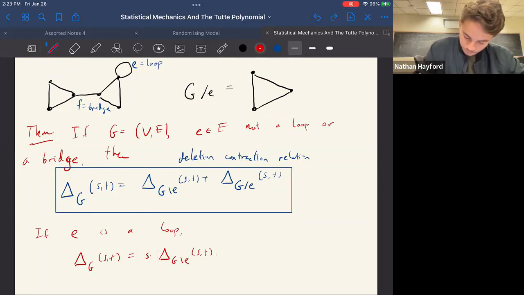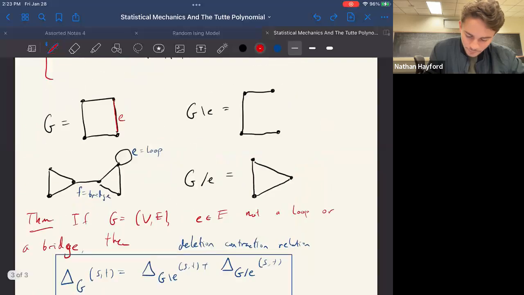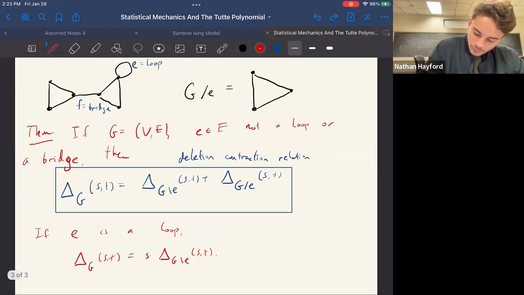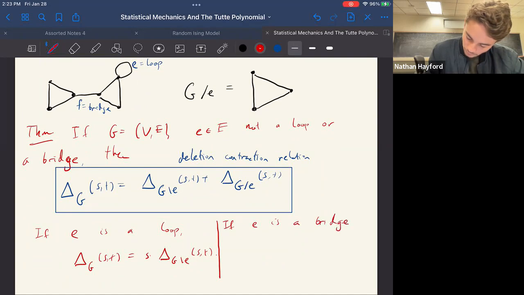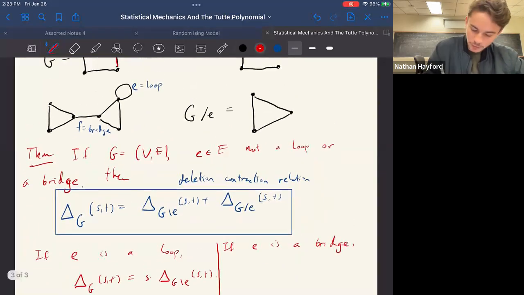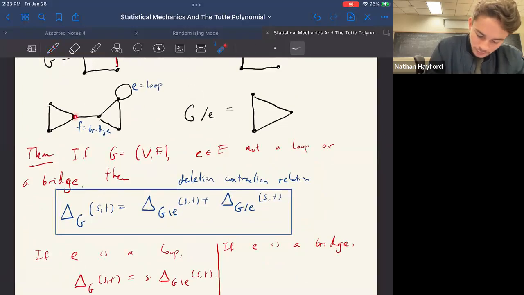If E is a bridge now, what do you think I do in that case? Well, it's going to be similar. Instead of deleting the bridge, I'm going to quotient the bridge. So I just contract the bridge to a point so that now the graph is connected between the two.